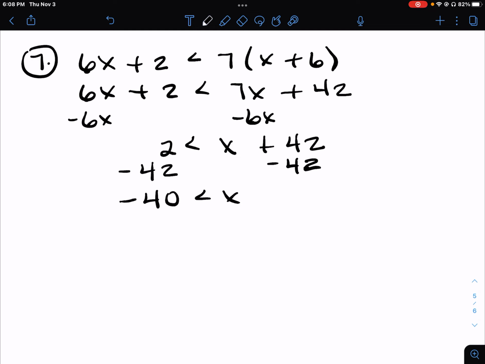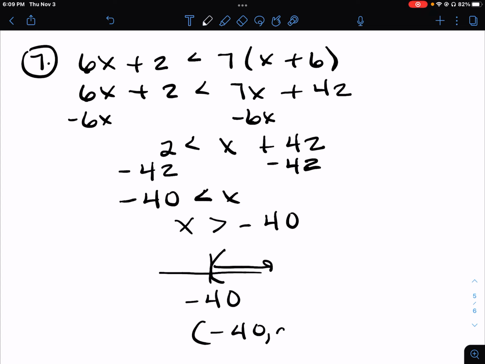Now, we want to rewrite that with x first. So negative 40 is less than x. x is bigger than negative 40. Greater than's to the right. It doesn't have the or equal to, so don't include, which uses a parentheses. So negative 40 to infinity.